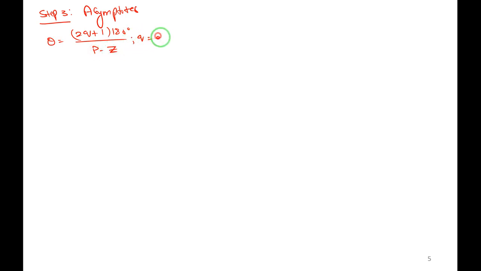Step 3. I hope it is asymptotes, right? Asymptotes: theta is equal to odd multiple of 180 degree, (2q plus 1) into 180 degree divided by p minus z. And q runs from 0, 1, 2 and so on till p minus z minus 1.